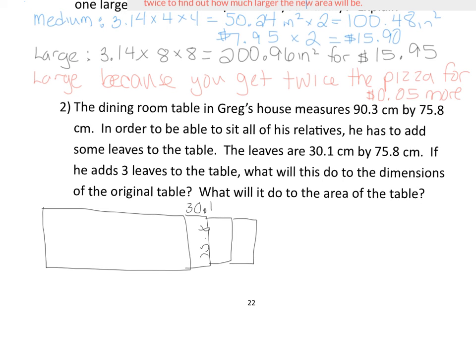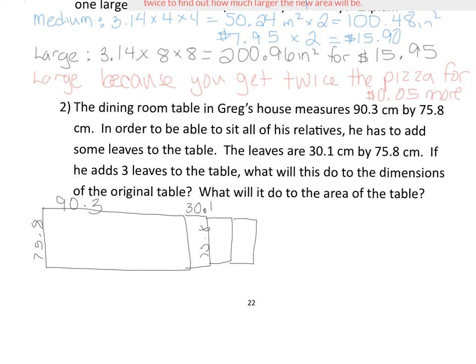We'll pretend they're all congruent. It then says, if he adds 3 to the table, what would this do to the dimensions of the original table? And then he also wants to know, what will this do to the area of the table?